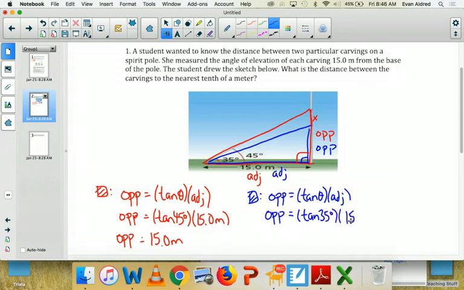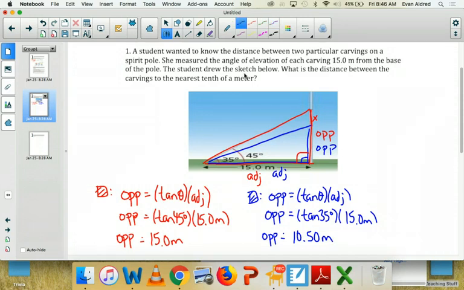Our adjacent is still 15 meters. And we're going to just need to take a second and put this in the calculator. So tan of 35 multiplied by 15 is going to be 10.50 meters.